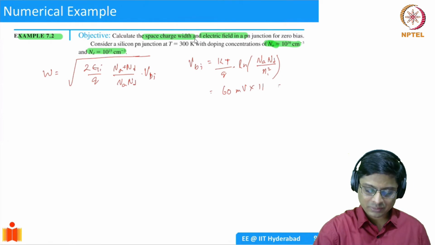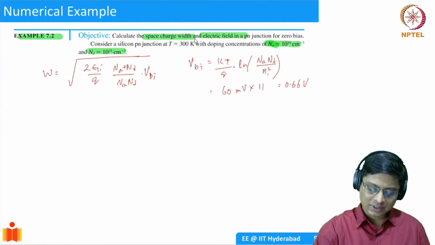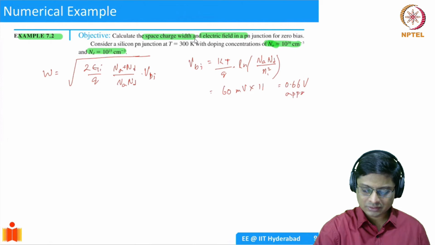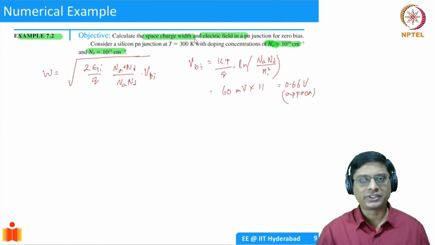So that was going to be 0.66 volts. Well, I mean, you can calculate the exact number. I don't know, it will be some 0.6364 something. Yeah, this is approximate. Okay. So in the lectures, I'll always just leave it as approximate numbers. Please make sure that you calculate the right numbers in the assignments and the test. Okay.